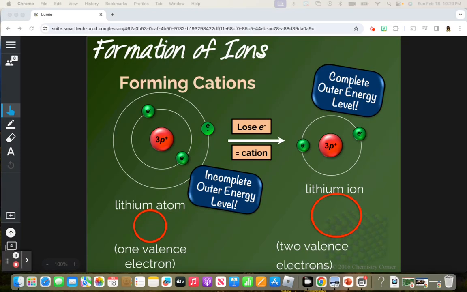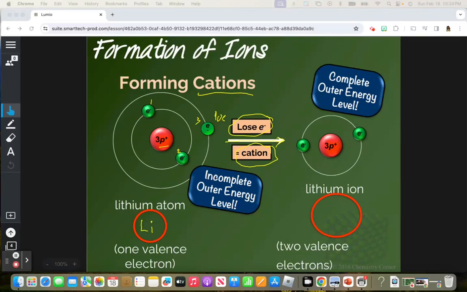Also, here's an illustration of the formation of ions, particularly cations. Here we have the neutral lithium atom, with its 3 protons and 3 electrons. It has one valence electron. That one valence electron gets lost, and when it gets lost, it forms something called a cation.